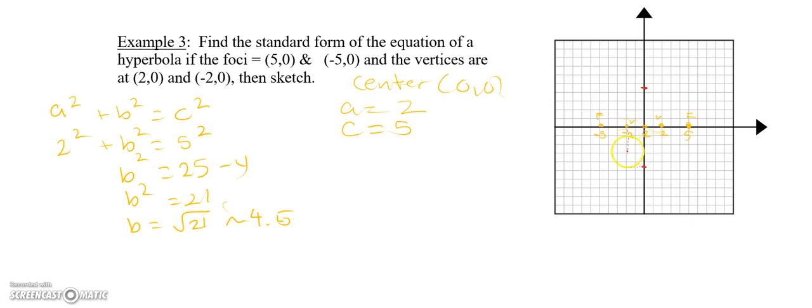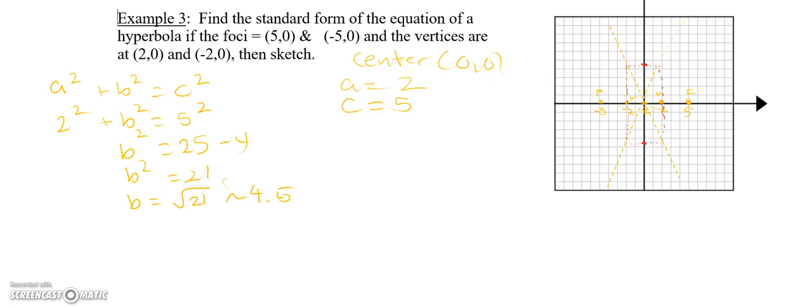So my a goes to my vertex. And now that I have my AB box, I can draw in my asymptotes with a dashed line and a straight edge. Asymptotes are drawn in, connecting the center and the corners of my box.